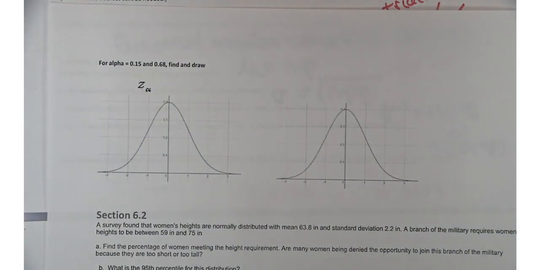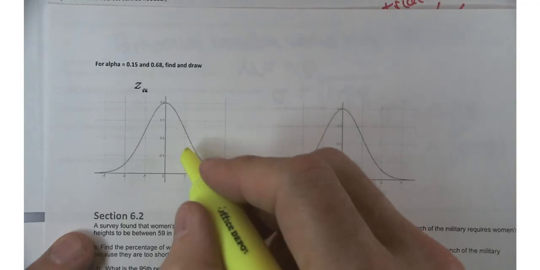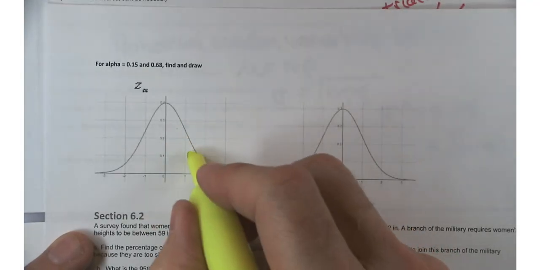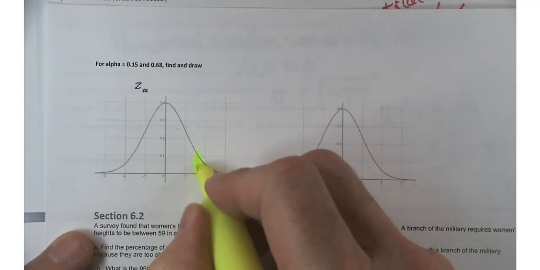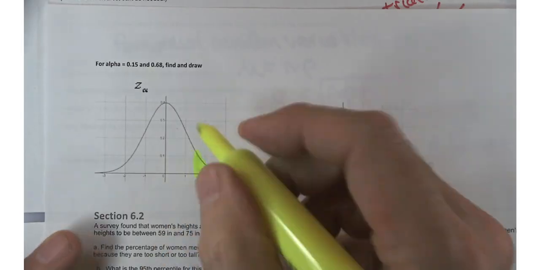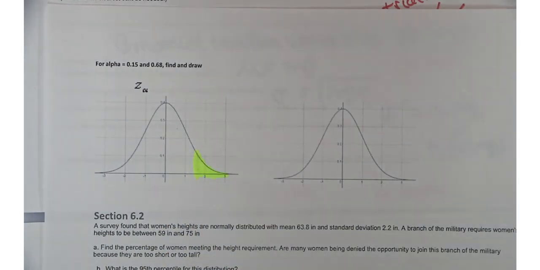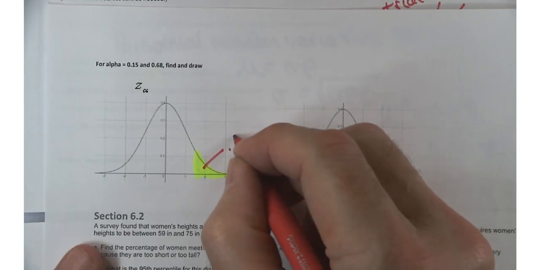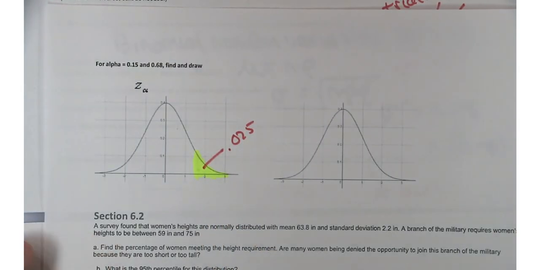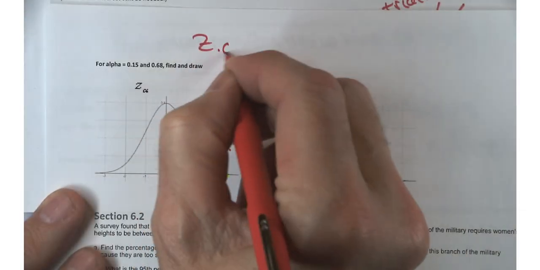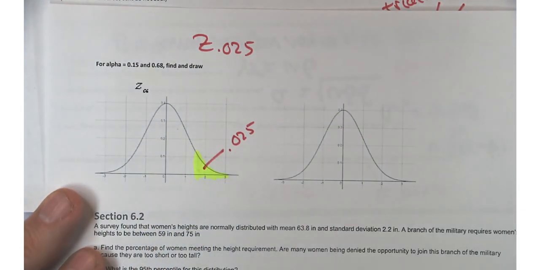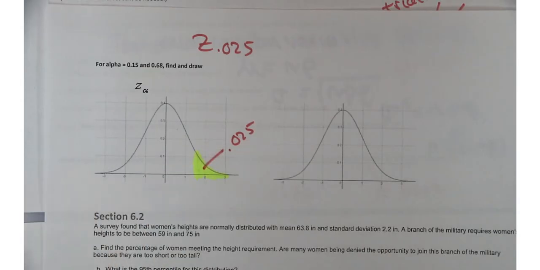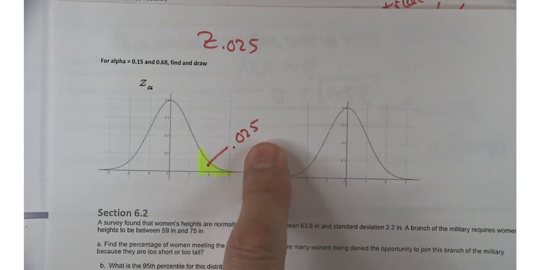As a reminder, Z sub alpha is going to be the point in the normal distribution with the area equal to alpha in the right tail. So if I wanted the area to be 0.025 in the right tail, Z sub 0.025, how much of the area has to be in the left tail if 2.5% is in the right tail?